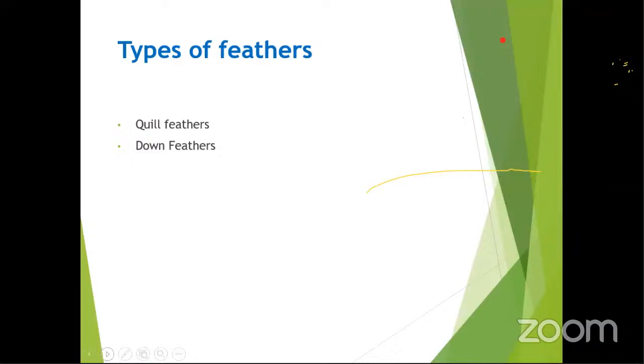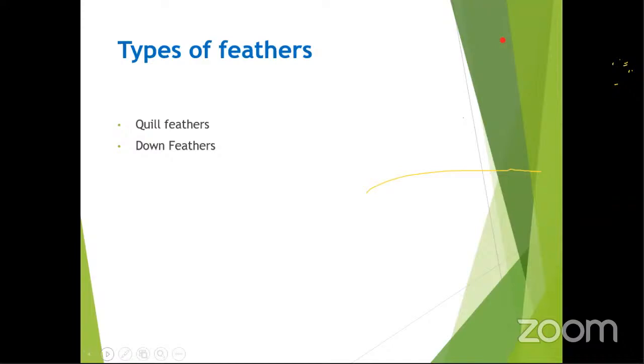So we already finished identifying the types of feathers. Thank you. So let's move on. I want to give some light on the down feathers. So how do I know that these ones are down feathers? For the case of down feathers, these are very small and very soft, like wool. Just like wool.